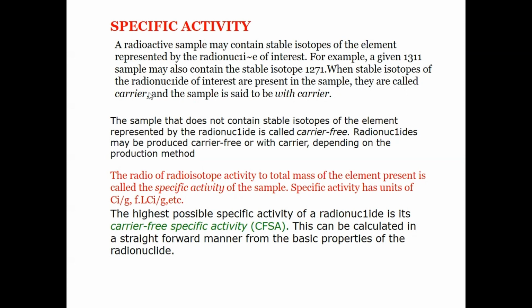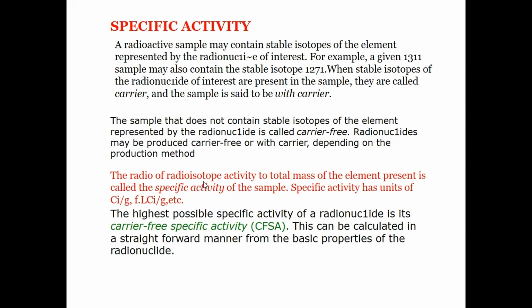When a stable isotope of the radionuclide is present in the sample, it is called a carrier, and the sample is said to be with carriers. If the sample does not contain any stable isotope, then the radionuclides are called carrier-free. Radionuclides can be produced carrier-free or with carriers, depending on the use.